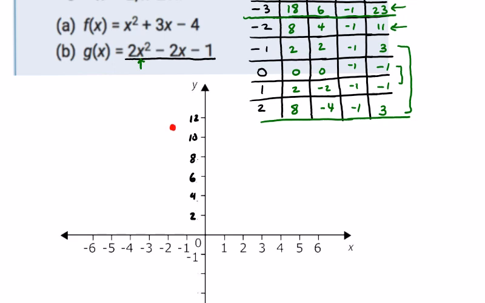Minus 1 is 3. Then we have 0, minus 1. And then we have 1, minus 1. And then we have 2, 3. And if we put 3 in, we're going to get 11.